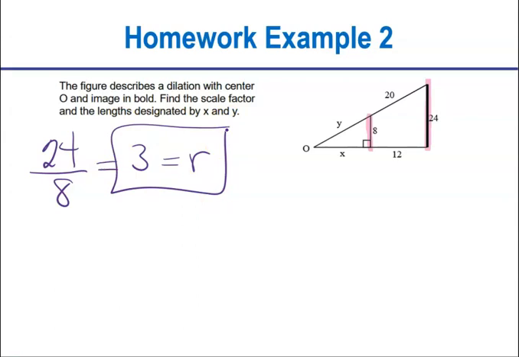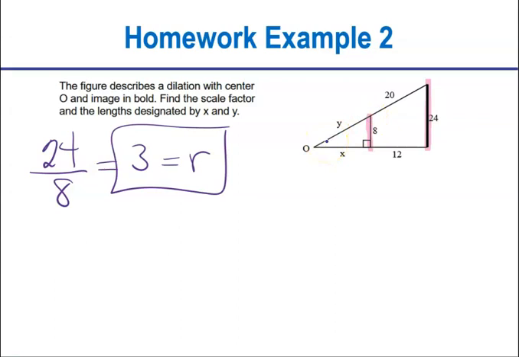Now, I suggested that we always check with another measurement, but when I start checking with my other measurements here, I don't have any other measurements. When I compare, I'm comparing this side to this side, or if I look at this side, it would have to be this whole side compared to this side.